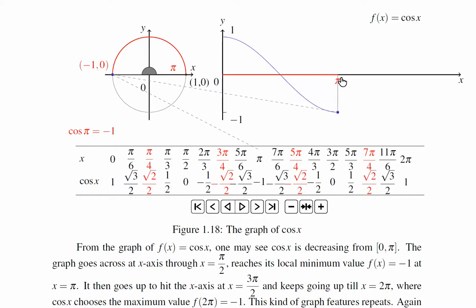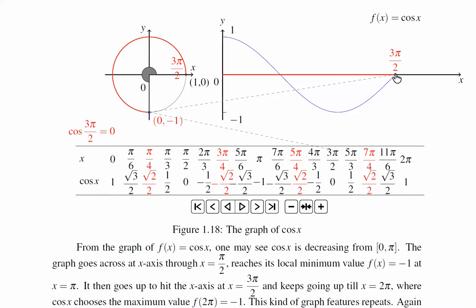The third one is this one. X is pi, and the y value, this y here, the x coordinate is negative 1. So it reaches the minimum value, -1, and then it goes up and hits the fourth key point, when x is 3 pi over 2, x coordinate is 0.